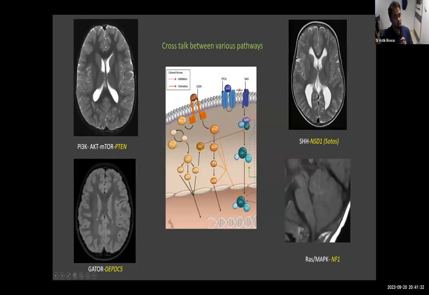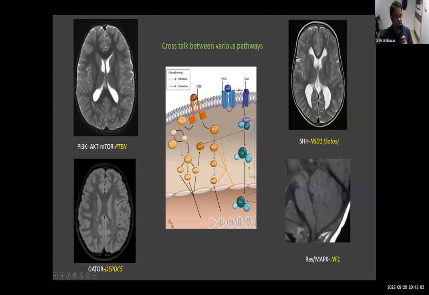Another important concept to remember is that these various pathways do not function independent of each other, but there is a lot of crosstalk between them. So you can see the RAS-MAPK pathway, the PIK3CA pathway, and the SHH pathway here, interacting with each other. And the common end goal may be an increase in cell proliferation.